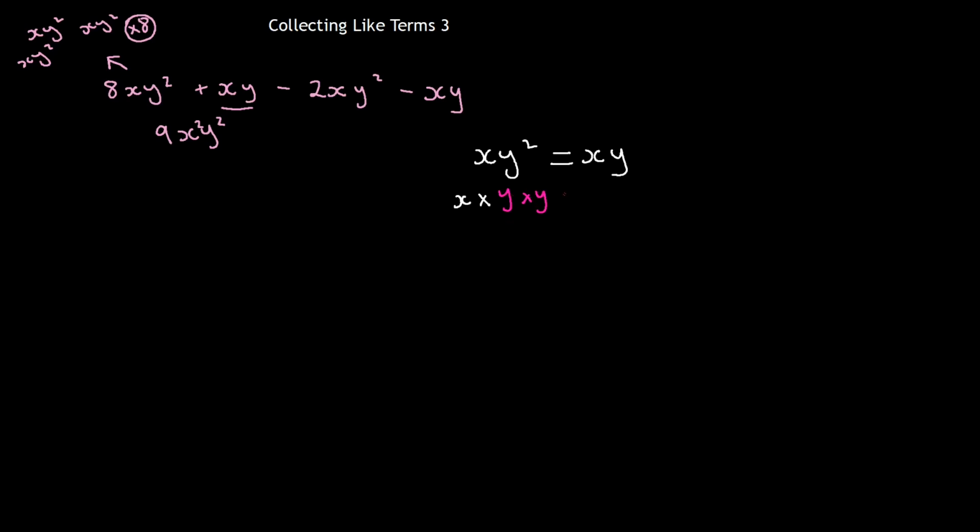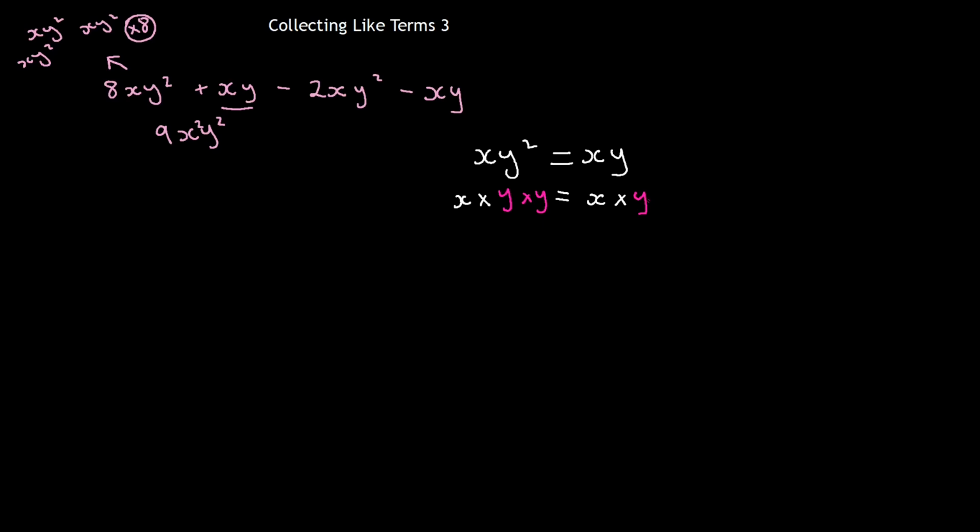On the right hand side you have just x times y. You can straight away see that you've got y times y here, but only one y on the right hand side, so they're not actually the same.